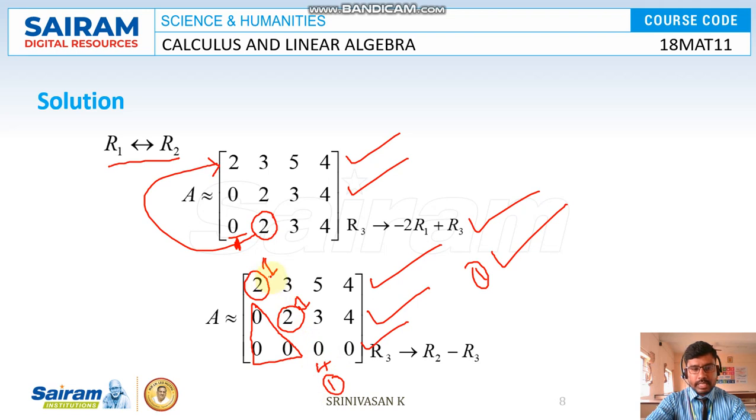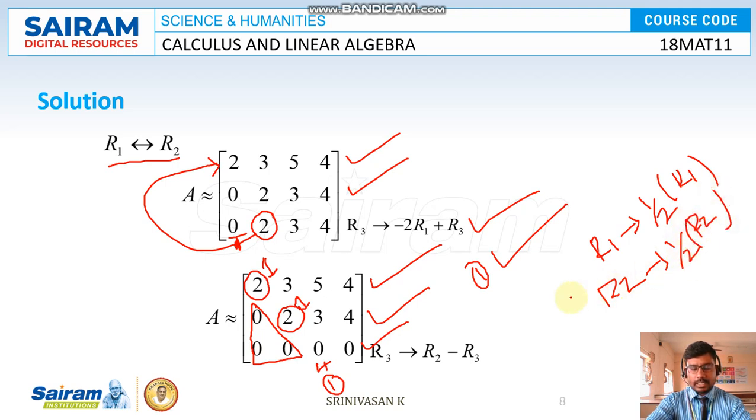How do we get 1 here? We take R1 as 1 by 2 into R1, so we get this. And in row 2 also I take 1 by 2 into R2, as per the second condition.